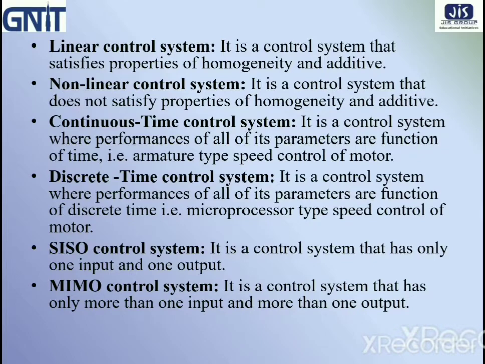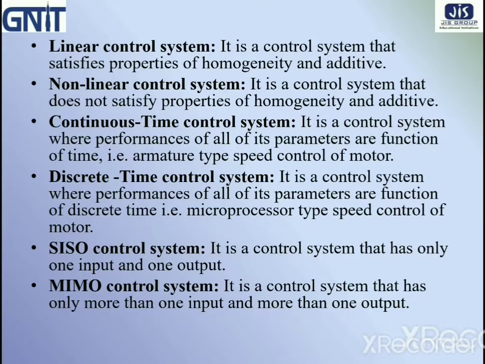And what is the homogeneity property? If we multiply a with x1, then the output will be multiplied by a. That is, if the input is x1 and the output is y1, then if we multiply a with x1, that is a x1, the output will be a y1. So that is the homogeneity property.